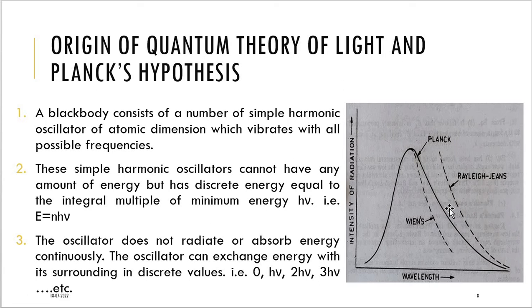Third point is that the oscillator does not radiate or absorb energy continuously. The oscillator can exchange energy with the surroundings in discrete values: h nu, 2 h nu, 3 h nu, etc.